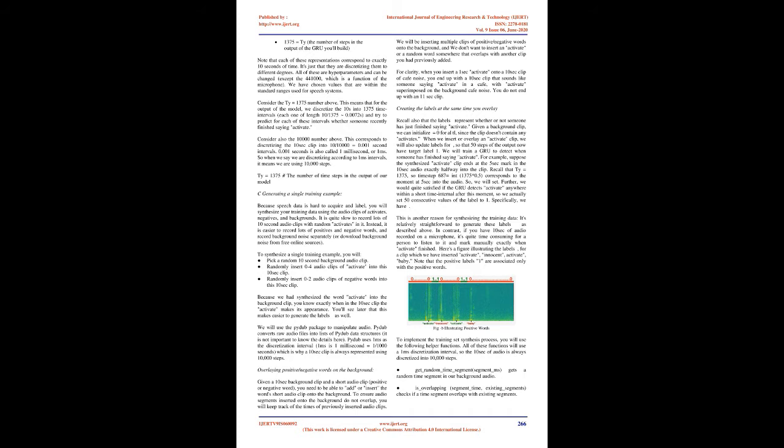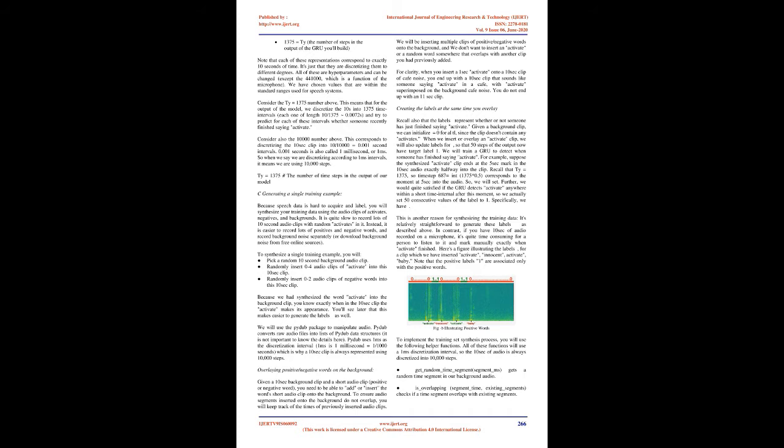We have chosen values that are within the standard ranges used for speech systems. Consider the Ty equals 1375 number above. This means that for the output of the model, we discretize the 10 seconds into 1375 time intervals, each one of length 10/1375, and try to predict for each of these intervals whether someone recently finished saying activate.